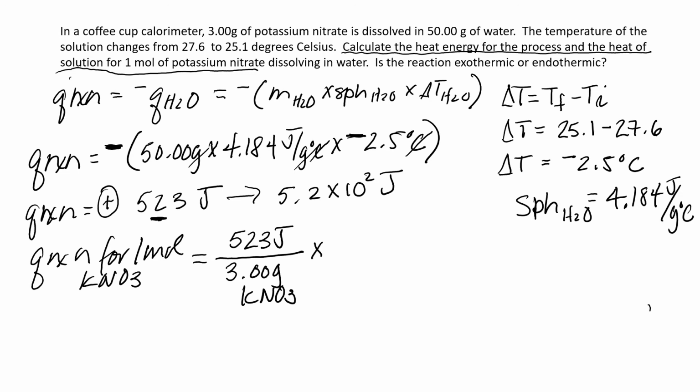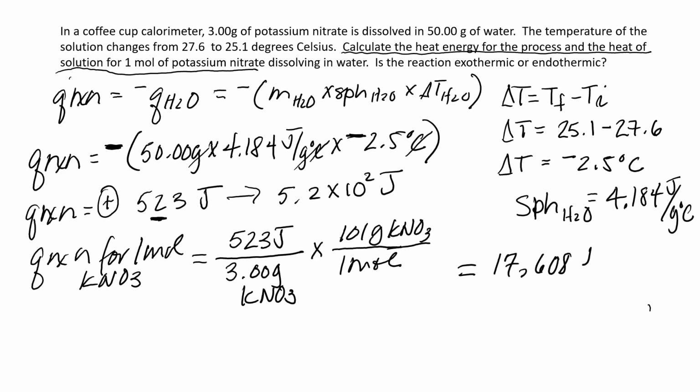So here we're just using dimensional analysis. I'm going to convert the 3 grams to moles, so I need the molar mass. And this gives me 17,608 joules per mole. Mark that there.